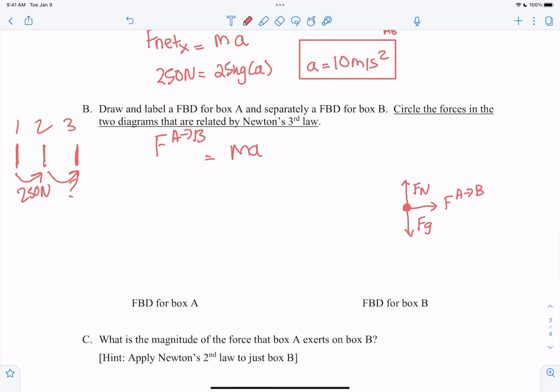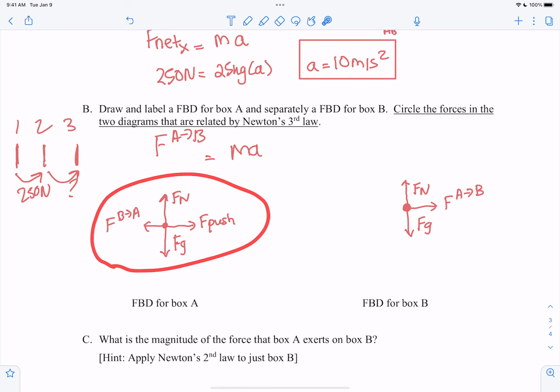And so that's why for box A, for example, we have normal force from the floor on the box. We have gravity from the earth on the box. We have that F push force from the hand on box A. And then we have, it's going to be a little bit smaller, the force of B on A.